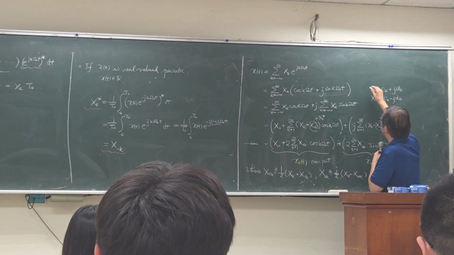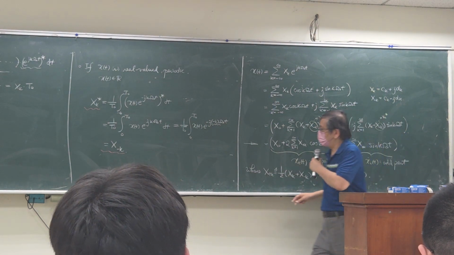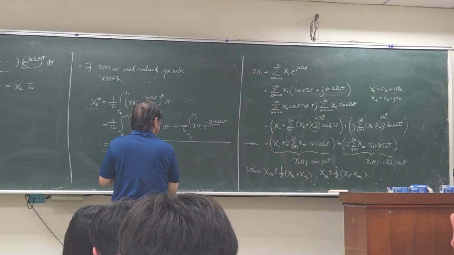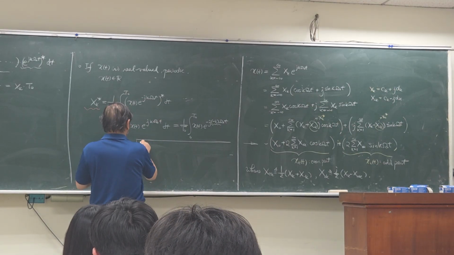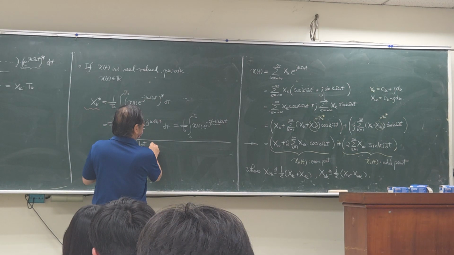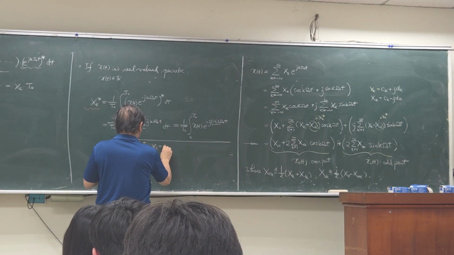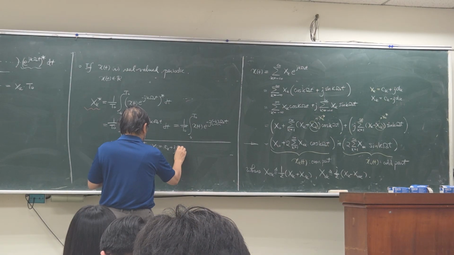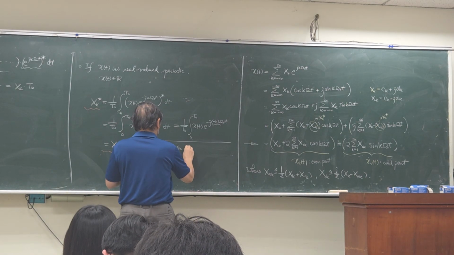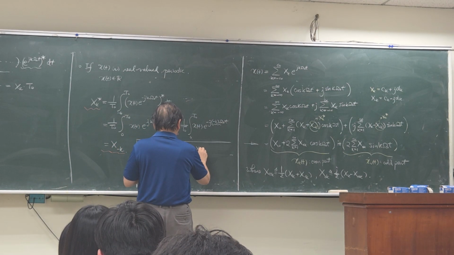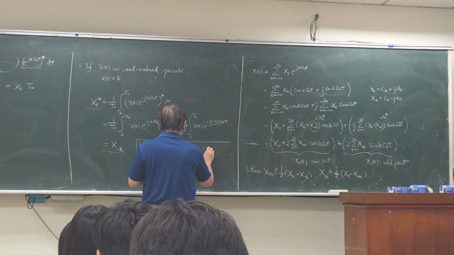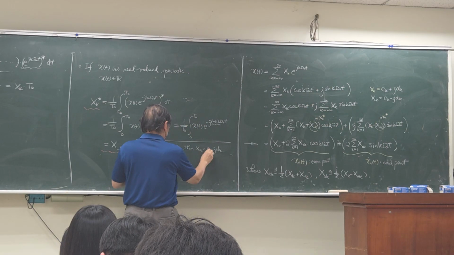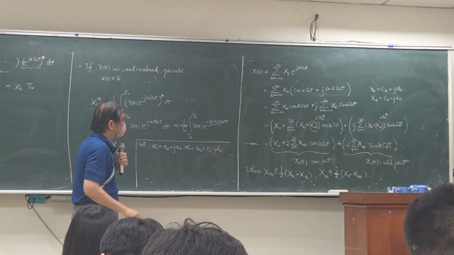So we let x of k be ck plus j times dk. Then x of negative k will be the complex conjugate, as we have proved here.